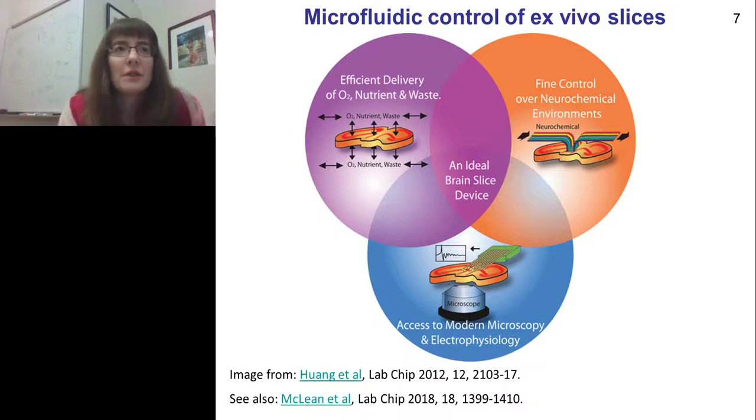The combination of ex vivo slices and microfluidics has been around for perhaps 15 years, and it really began with brain slices. That makes sense because brain was the first organ that was really sliced frequently by neuroscientists, and for decades now they have been collecting and culturing tissue slices, either acute for just a few hours to study the electrochemistry, or even for months in order to study development of the brain.